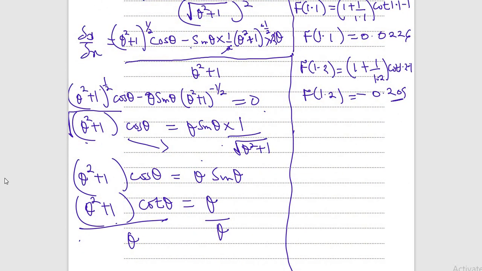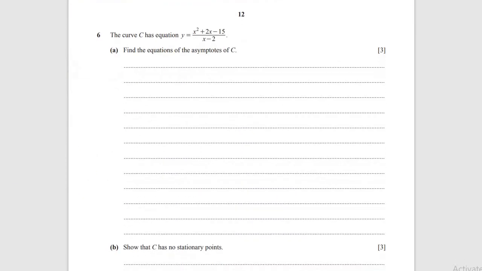So since there's a change in sign, we have f(1.1) greater than 0 and f(1.2) less than 0. Sign changes, sign alternates. That's the proof that theta lies between 1.1 and 1.2. That's it. Now number 6.